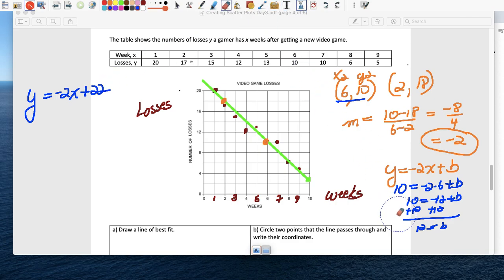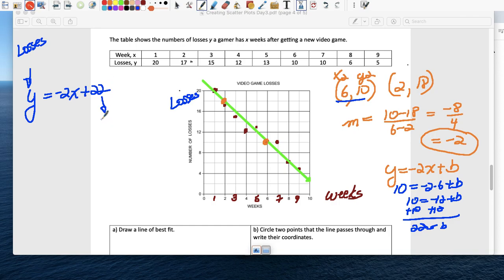We're going to explain what this means in a second. y is his losses. 22 is his starting point, so at week 0, you are inexperienced and you lose 22 games.